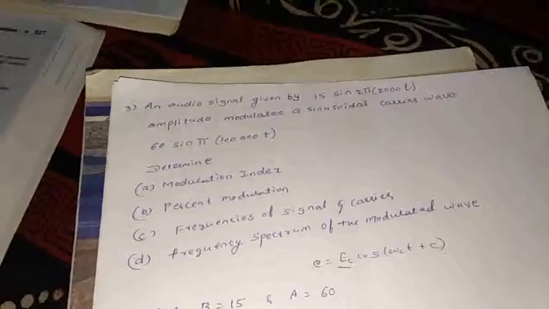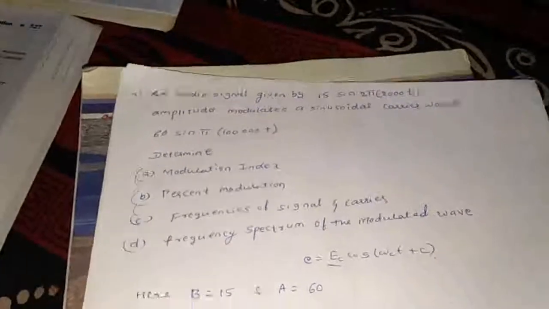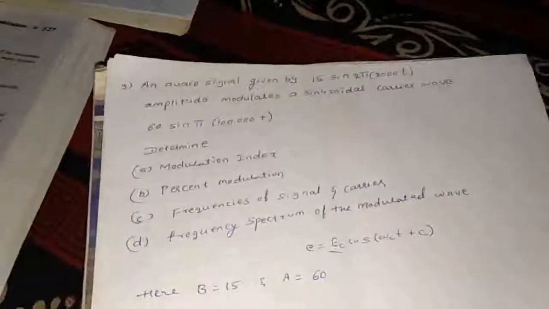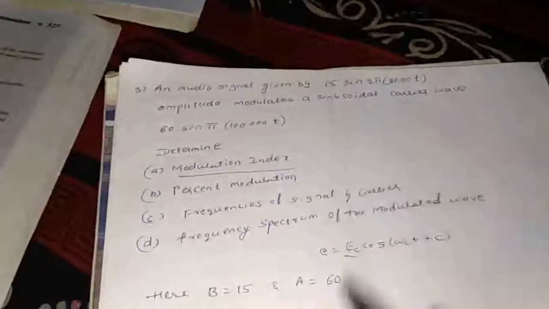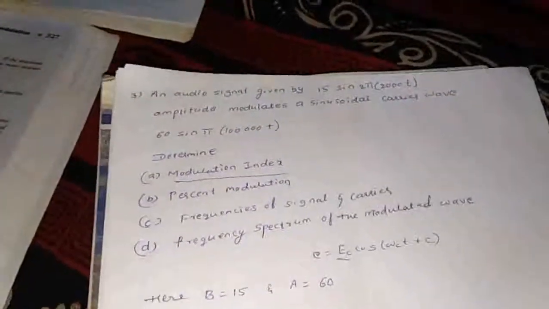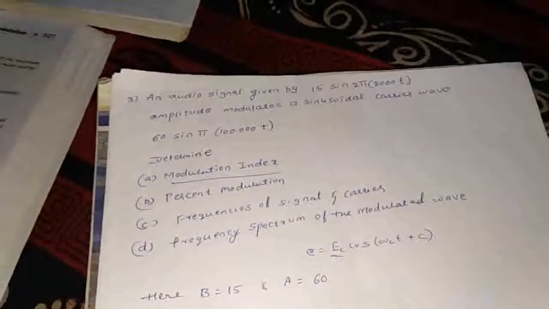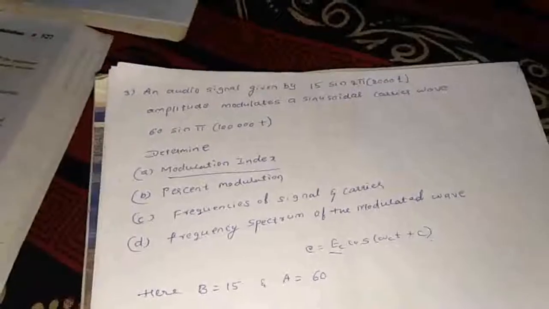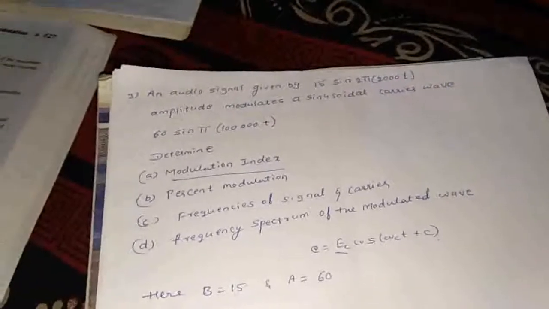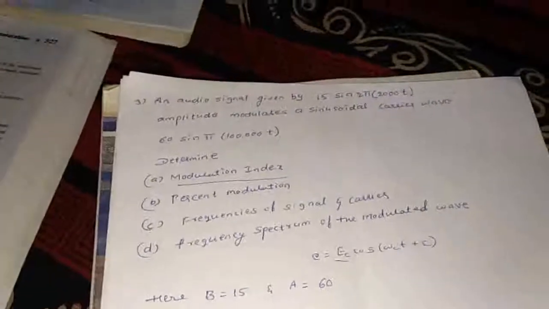That is the amplitude modulated carrier wave. And what is the first one? Modulation index. Modulation index is equal to delta fs divided by delta fc. We have to define the difference between modulation factor and modulation index.